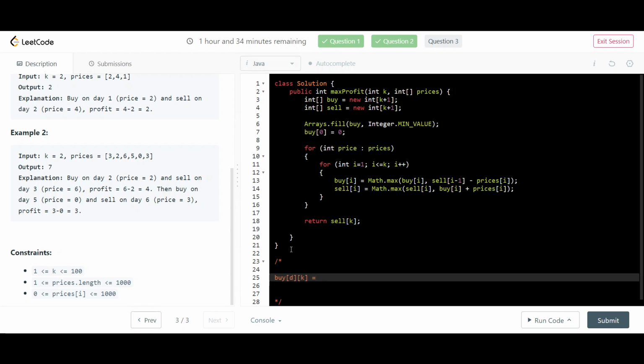It will have to be buy of the previous day if I had bought k. This is one option, or by the previous day I had... no, that is still this day. Till this day, if I'm buying, then I must have sold on some previous day.